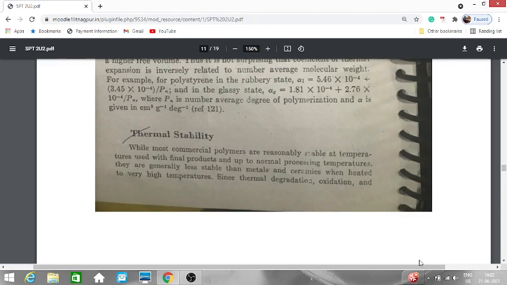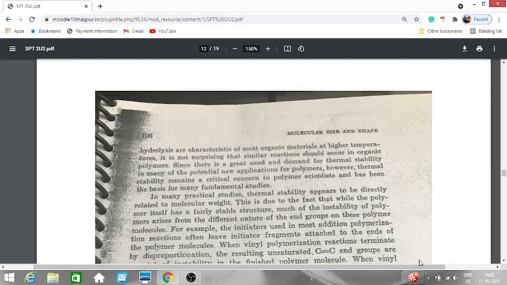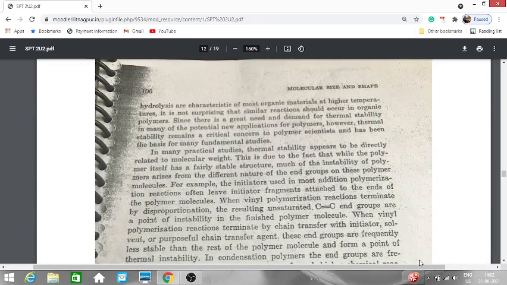Since thermal degradation, oxidation, and hydrolysis are characteristics of most important organic material at high temperature, it is not surprising that similar reactions should occur in organic polymers. Since there is a great need and demand for thermal stability in many of the potential new applications of polymer, however, thermal stability remains a critical concern to polymer scientists and has been the basis of many fundamental studies.